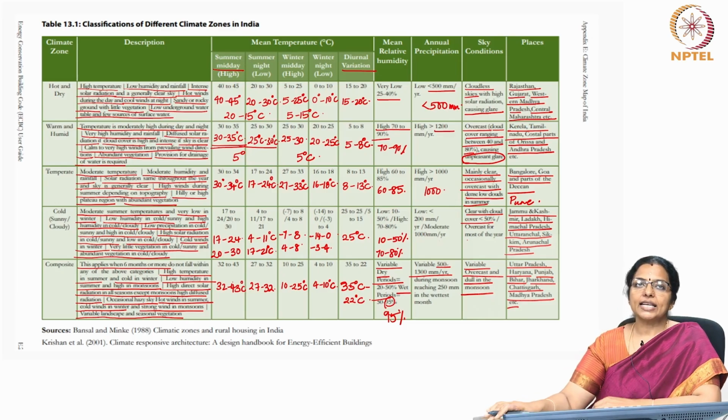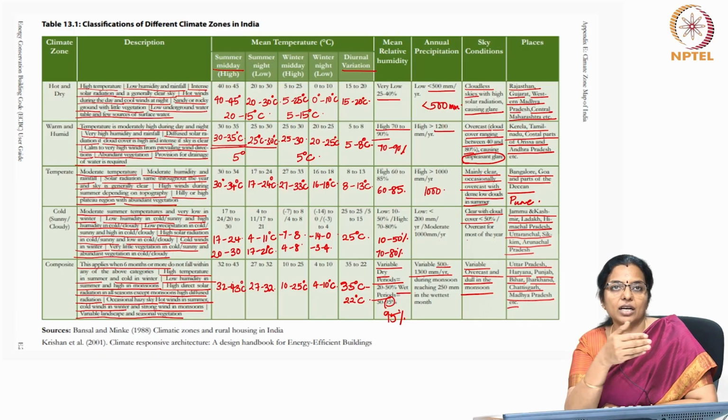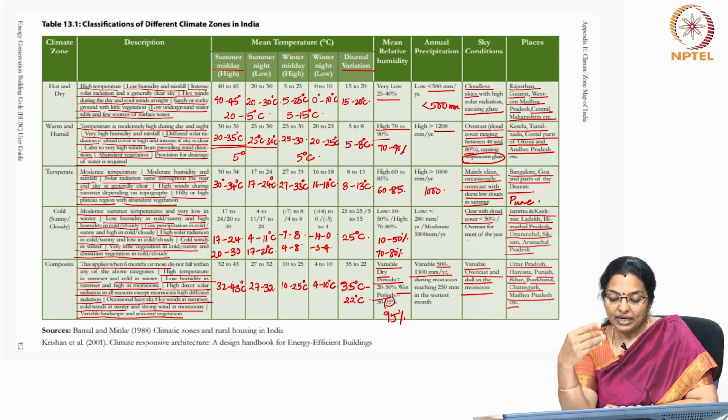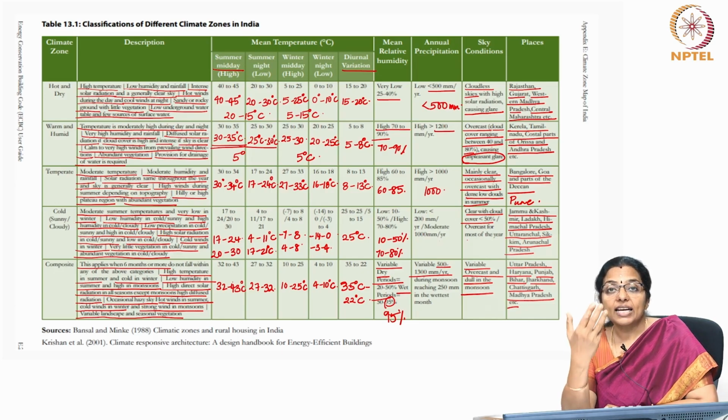So, we can see how these climate characteristics are associated with climate type. But you should also interpret what impact this has on building materials. In places which have extremely high or high diurnal variation, like composite climate or hot and dry climate, one has to be very careful in the choice of building materials, because the building material is subjected to extreme temperature ranges within a year, year on year.